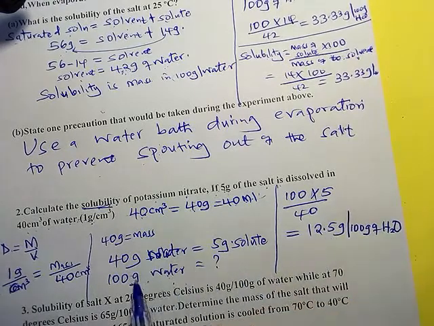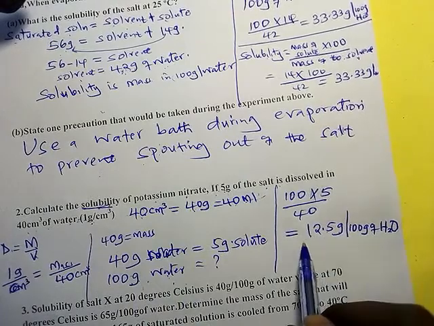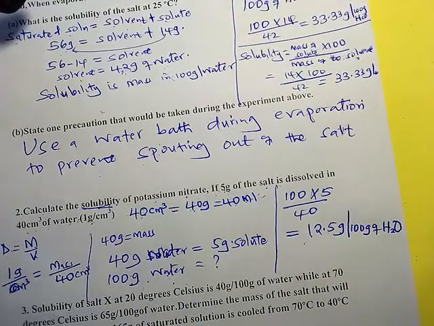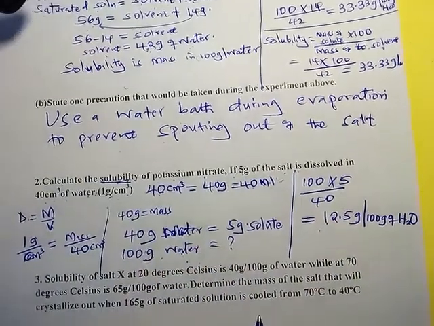So 100 grams of water requires 12.5 grams to make a saturated solution at a given temperature. We are not given the temperature, so at a given temperature.